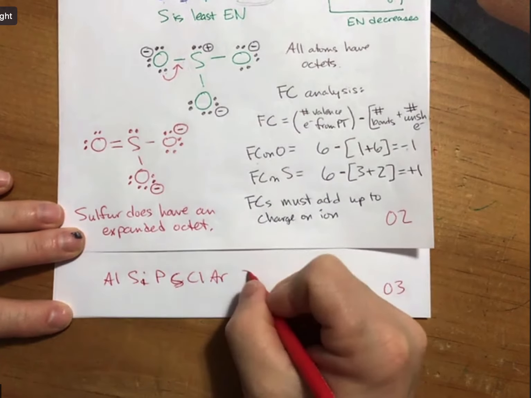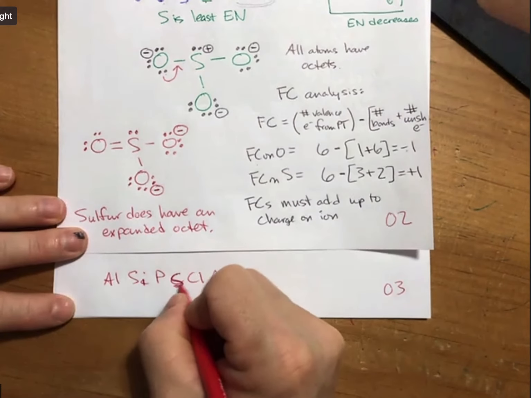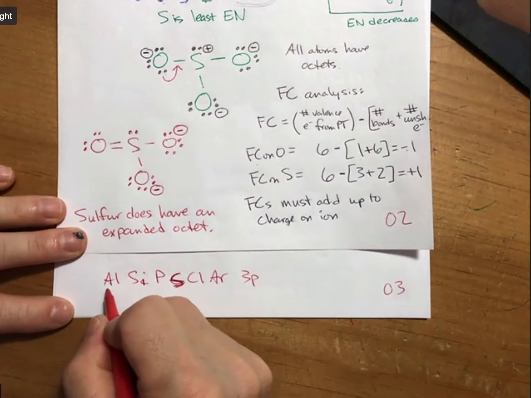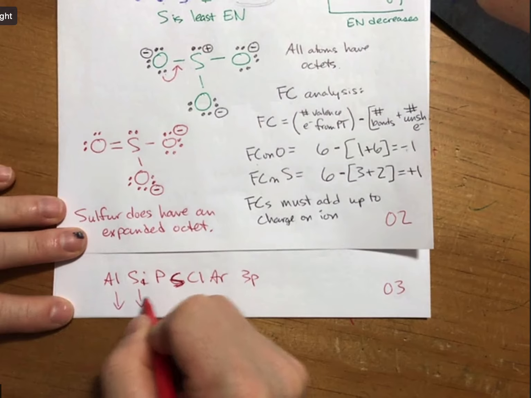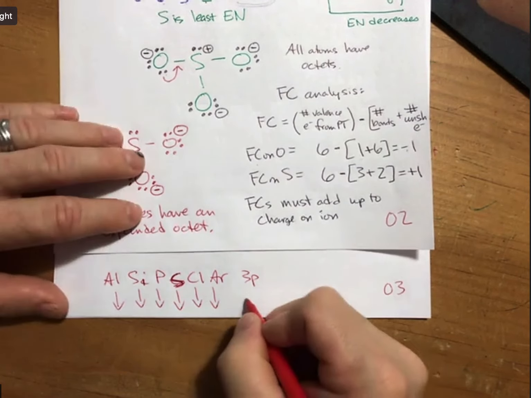And these are in the 3p region of the periodic table. That's an S, believe it or not. And these atoms and anything below them can have expanded octets.